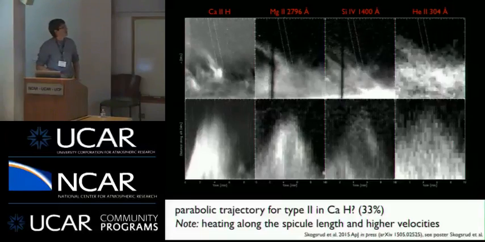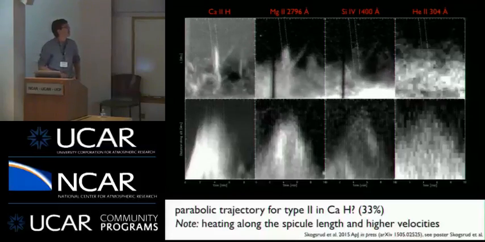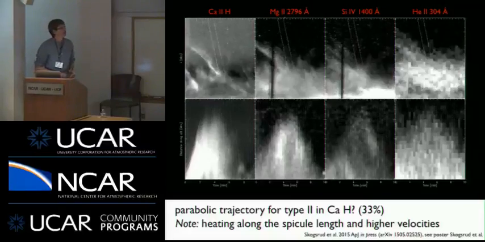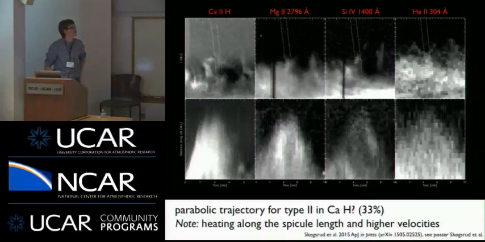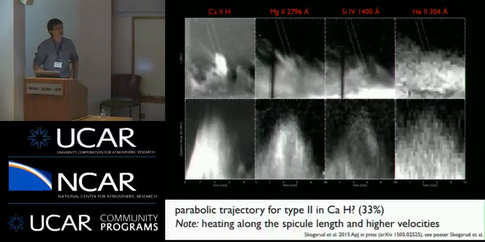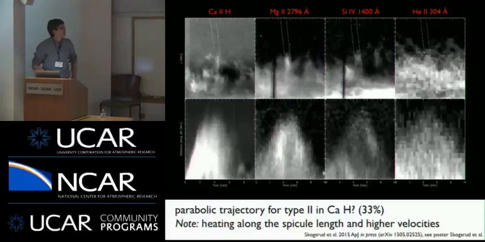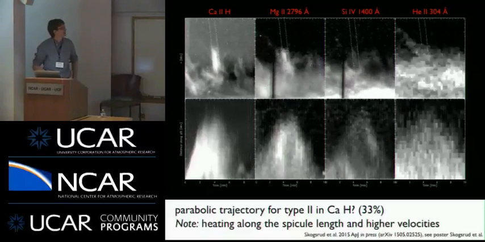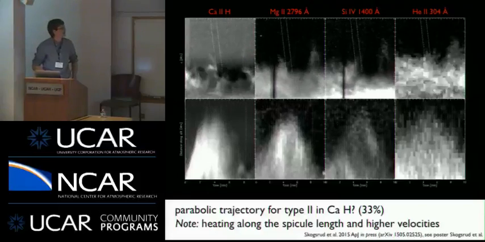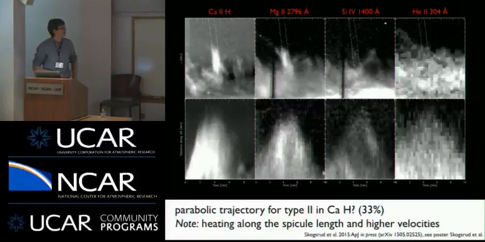So then you may think, if you see a parabola also for the type 2 spicules, do we now still need to make a distinction between the type 1 spicule and a type 2 spicule? And yes, we do need to do that because we clearly see that there's heating along the spicule for the type 2 spicules, and they have very much higher velocities than the type 1 spicules.